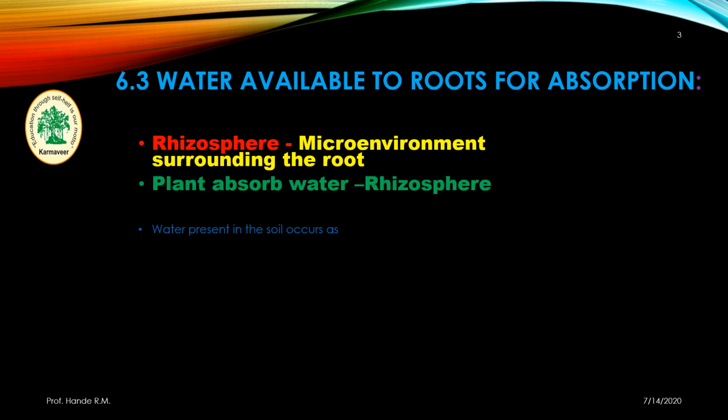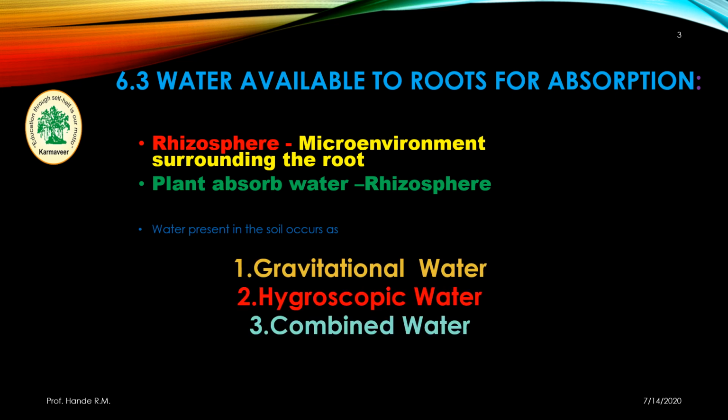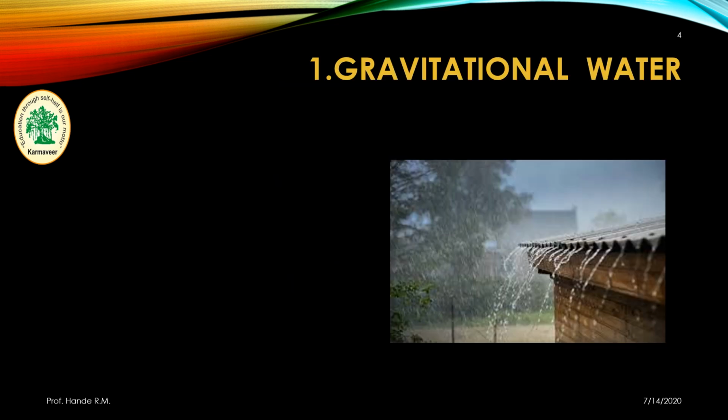Water present in soil occurs as gravitational water, hygroscopic water, combined water and capillary water. First is gravitational water. Gravitational water is also known as free water. It is free water moving through the soil by the force of gravity, and it is largely found in the micropores of the soil.